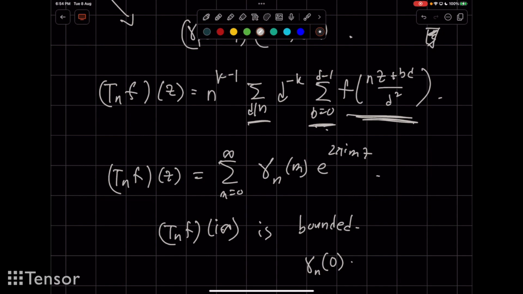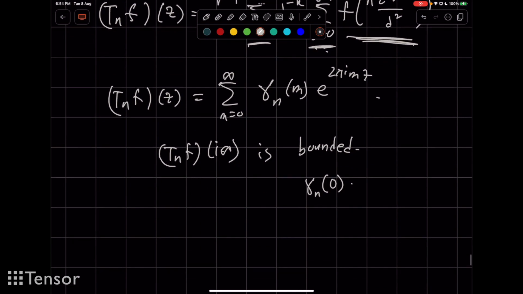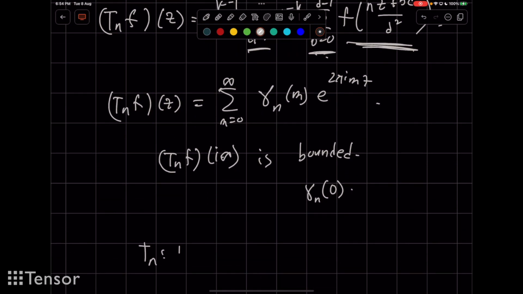So we have checked all the conditions for a modular form. Therefore, T_n is indeed a linear map from M_k to itself. Okay, does anyone have any question about this?